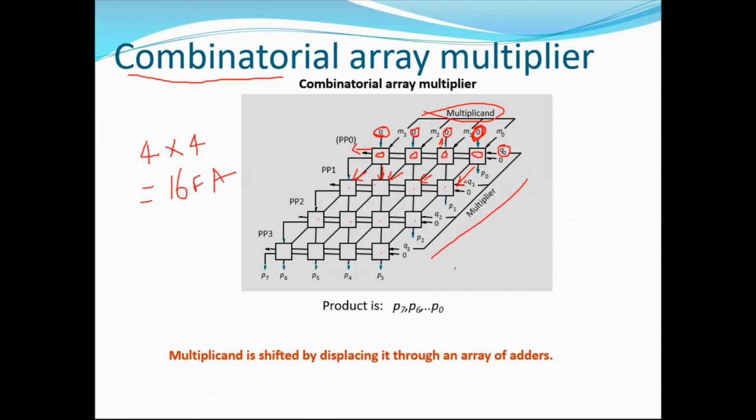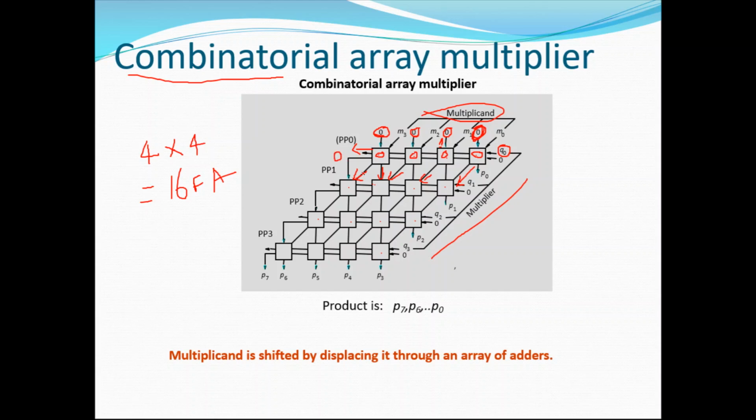So Q1 and M0 is added with the first bit, Q1 and M1 with the second bit, and Q1 and M2 with the third bit. If there is any carry in the previous partial product, it will be added; otherwise the carry will be assumed as 0.